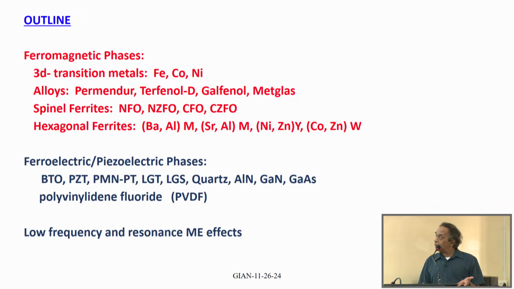The piezoelectrics that could be used are also quartz, aluminum nitride, gallium nitride, gallium arsenide, lanthanum gallium tantalate and lanthanum gallium silicate. They are not readily available. It's very hard to get those single crystals, but we were able to get them. I'll show you just some of the results we got in composites based on LGT and LGS.